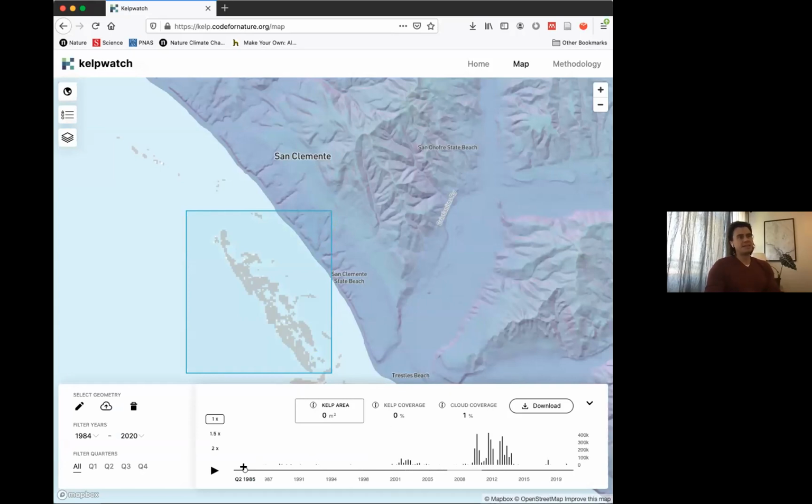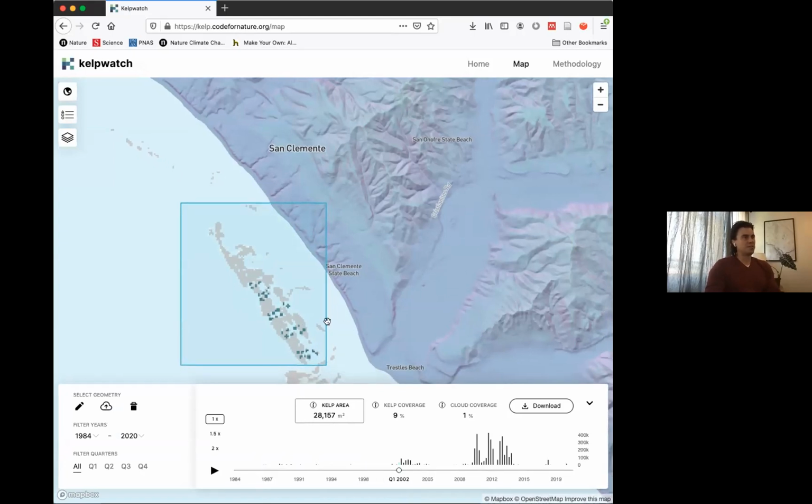You can see at the beginning of this time series there's essentially no kelp here. You can see some of the experimental beds that went in in the early 2000s, and you can see how artificial looking they are. Essentially, there was a series of different blocks getting different treatments to look at how the treatments impacted the ability of this artificial reef to succeed.